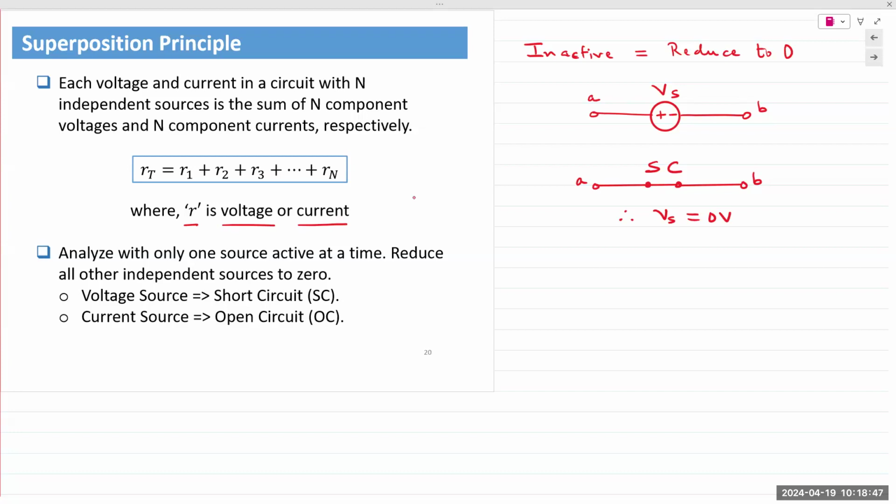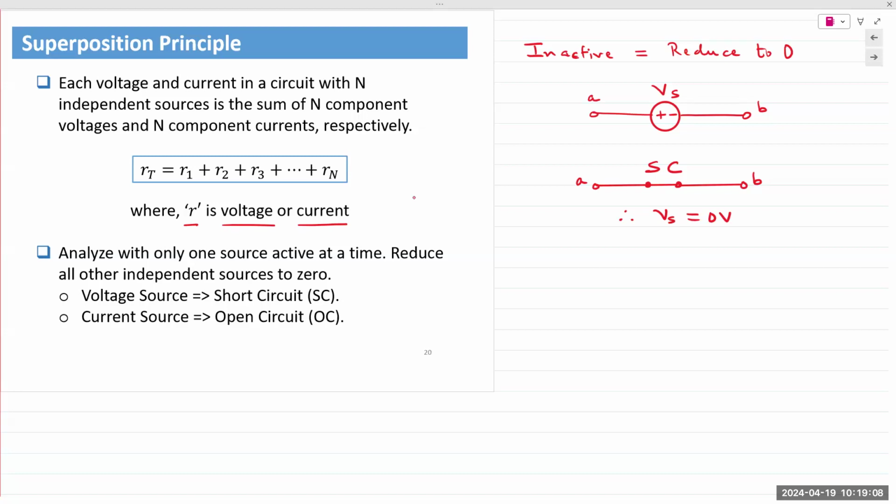What it means is you short out the terminals where the power supply is connected on the circuit. So you take those cables out, and those 2 points in the circuit are to be connected with a wire.